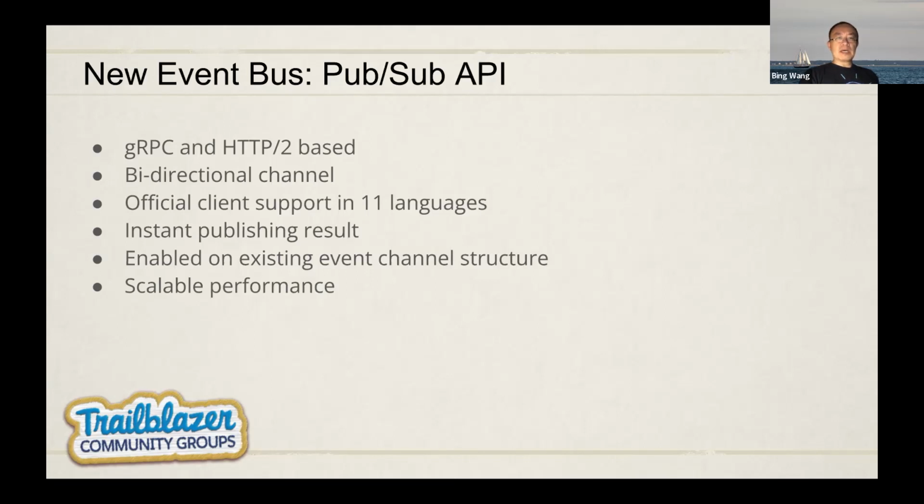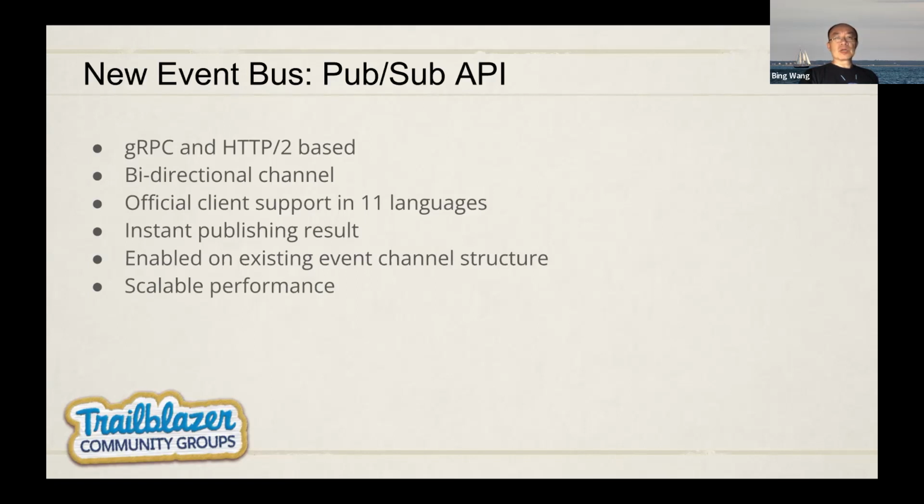Pub/Sub API is fully bidirectional. So it's the same client and server pieces that allow you to both subscribe to things and also send in your own event to the same channel, which is really convenient once you have that in place compared to the old structure.